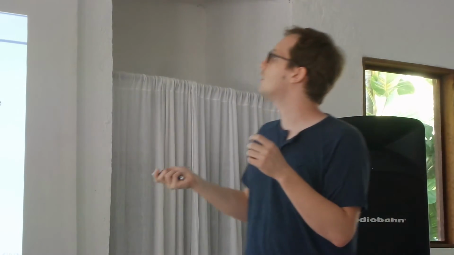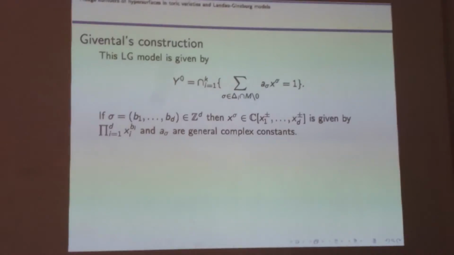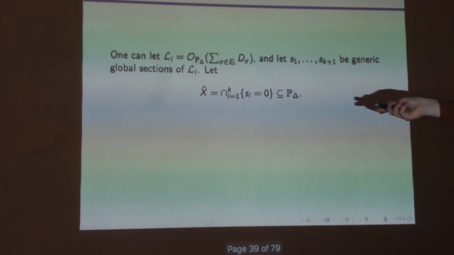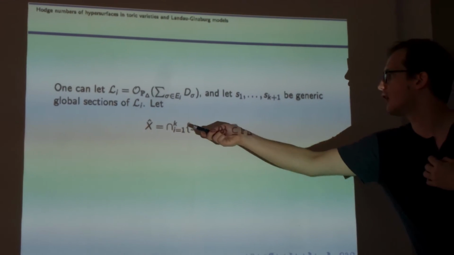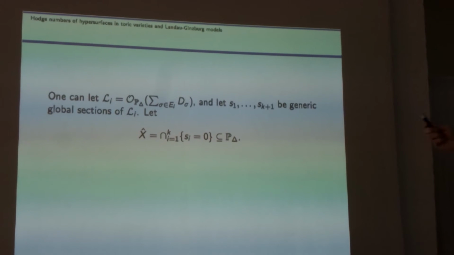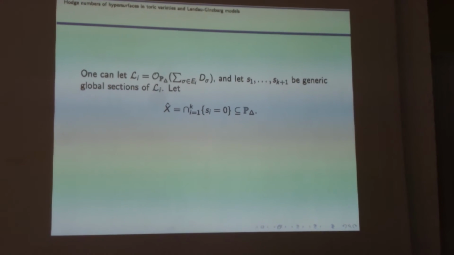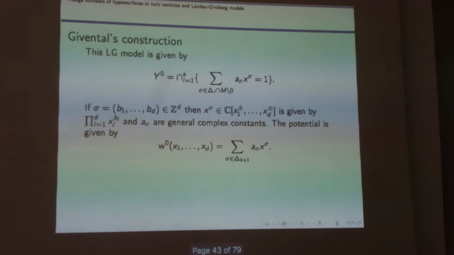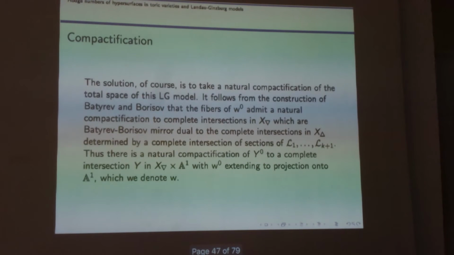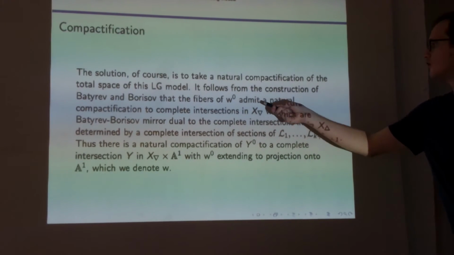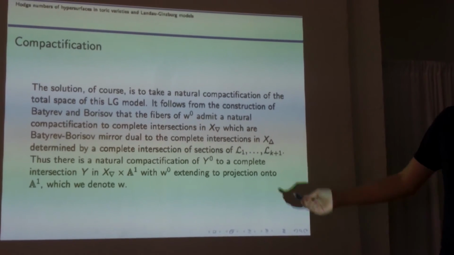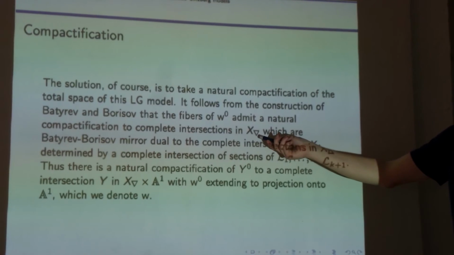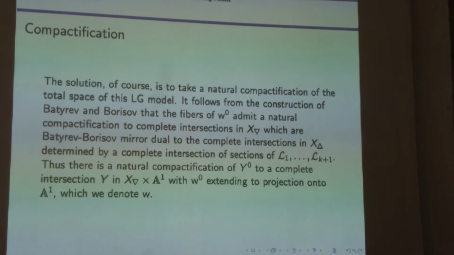If you take the complete intersection in the definition of X, and take k plus 1, this is now a Calabi-Yau variety. And so Batyrev and Borisov propose a construction of the mirror dual to this thing in a combinatorial way, and what you get are just the fibers of W0. So they compactify naturally to X nabla, where nabla is again some polytope.